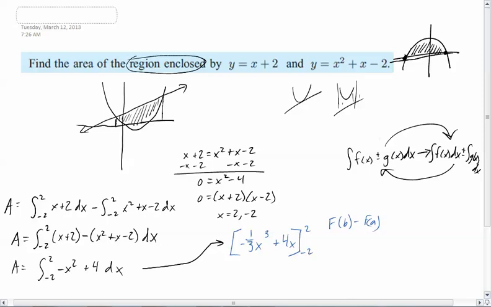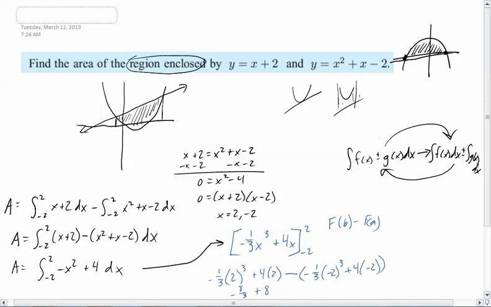And so we'll take this and we'll go -1/3 times 2 cubed plus 4 times 2. And then we will subtract -1/3 times -2 cubed plus 4 times -2. And so from there we should be able to simplify it. Note that this is significantly easier than what we had before. And so this will be -8/3 plus 8.